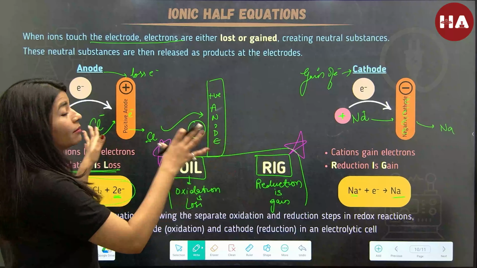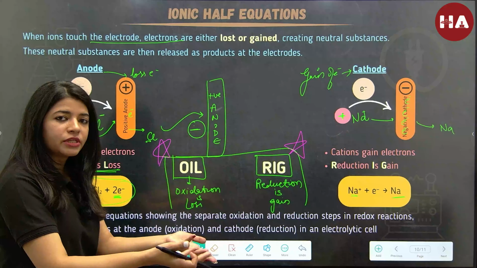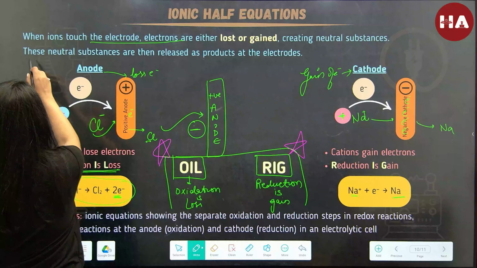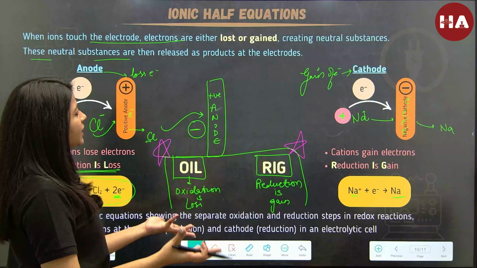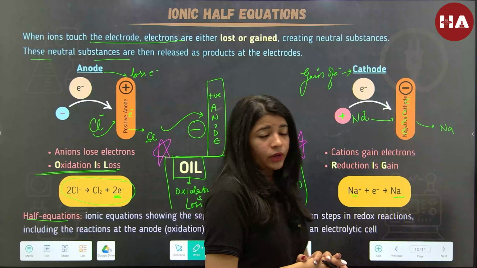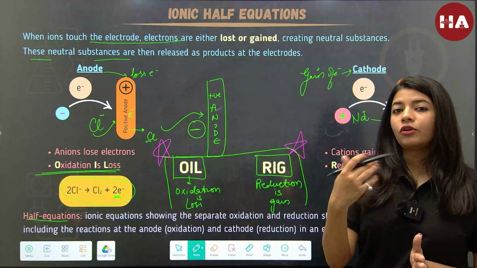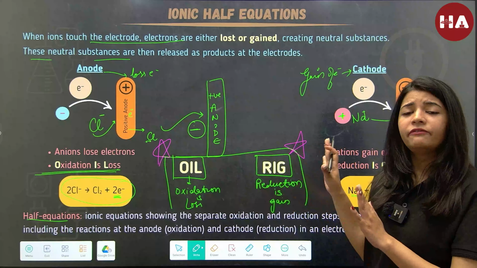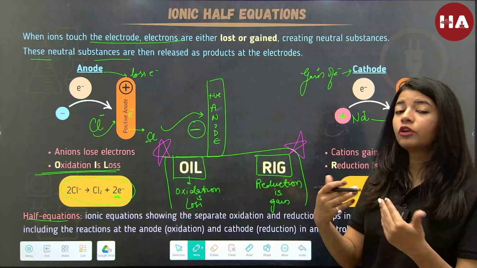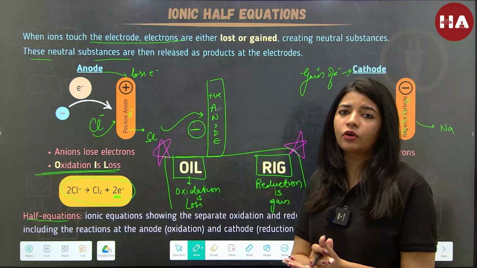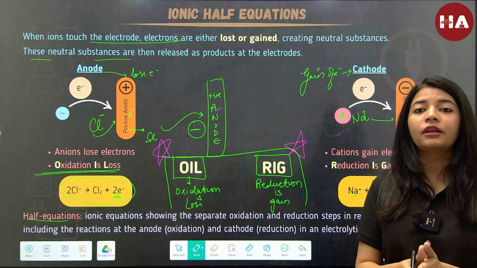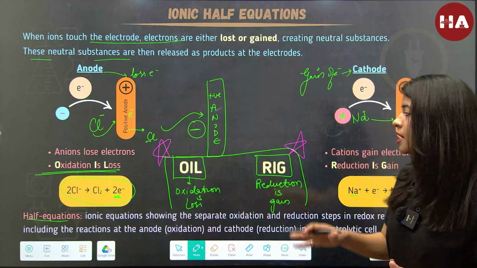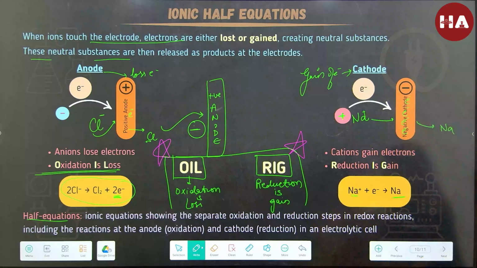So they become neutral after losing or gaining electrons. These neutral substances are then released as product at the electrode. We will understand that in detail in the second part. Before that, let's write down the basic things. This is very important for you to understand the fundamentals of electrochemistry. Only then your basics and concepts will be clear. So take a minute and write this down.